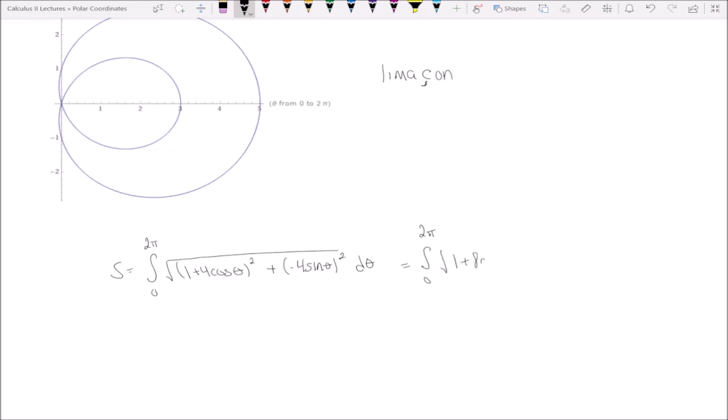One plus 8 cosine of theta plus 16 cosine squared plus 16 sine squared.